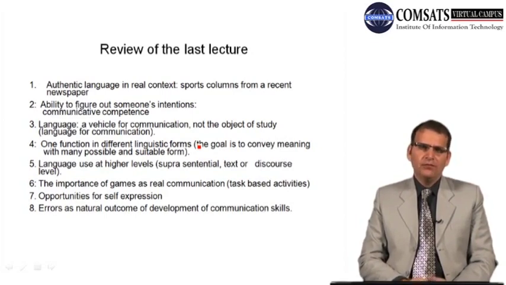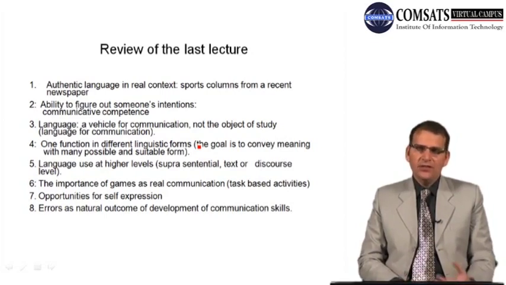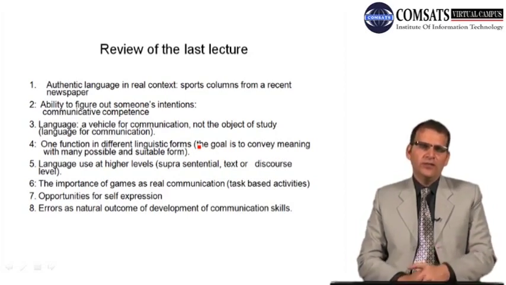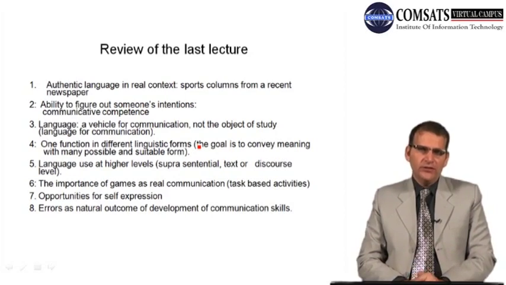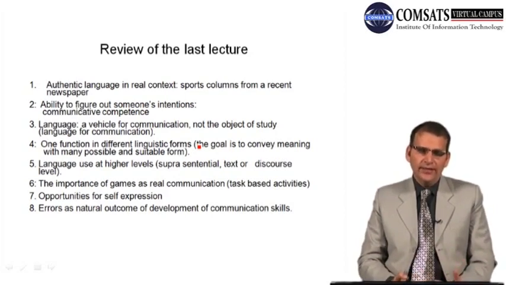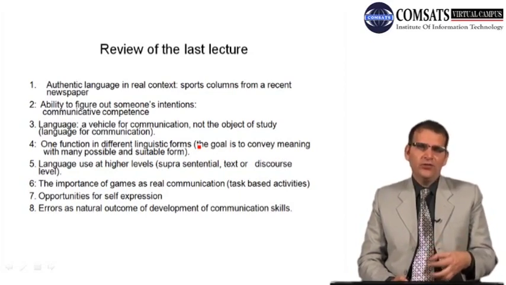Mind you, in this last method we talked about the principles of communicative language teaching, and all these points are there that we have done. You see that word authentic, I should be authentic. Different functions of the language we need to know, and forms of a language in different functions are important, and then language at different levels.